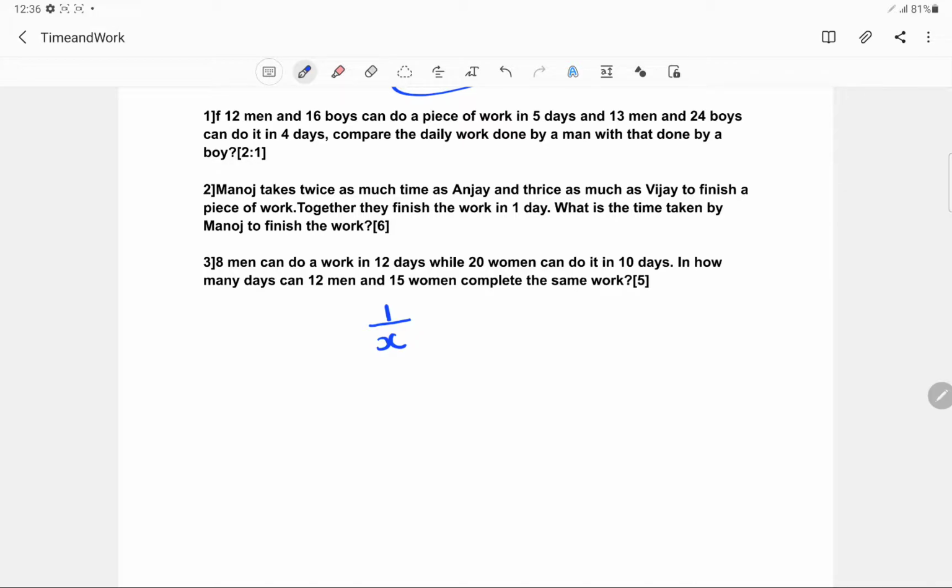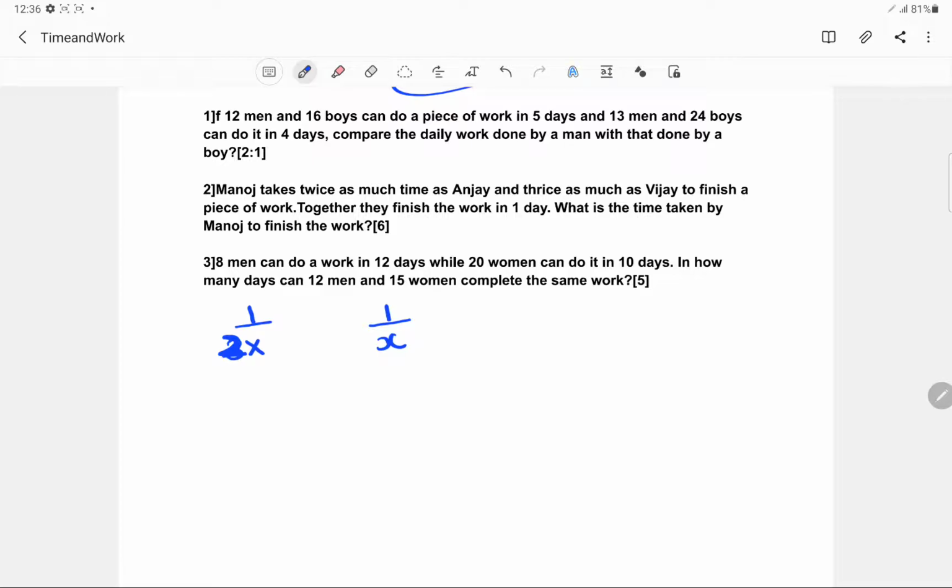Manoj takes twice as much time, so his efficiency would be half of that. So this is like 3x. Okay, sorry, this would be 2x. So this is the 1 day work of Manoj.